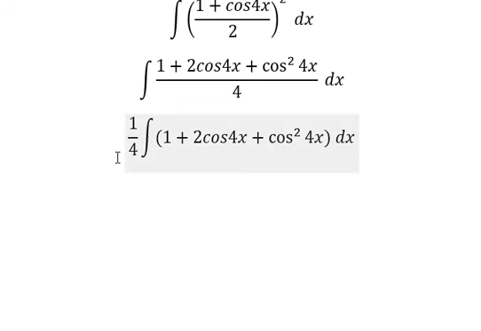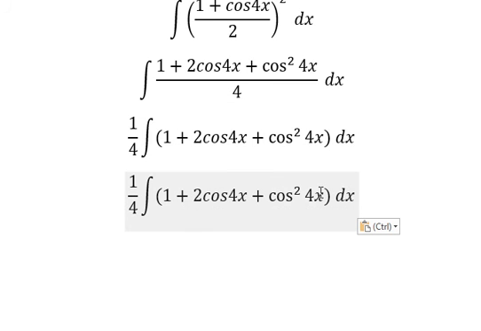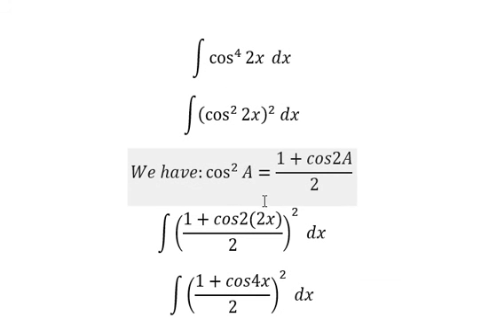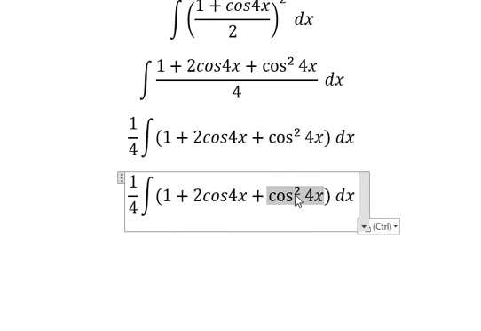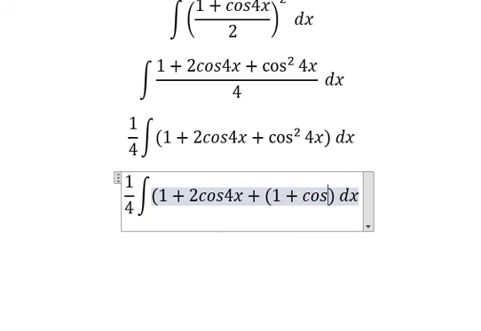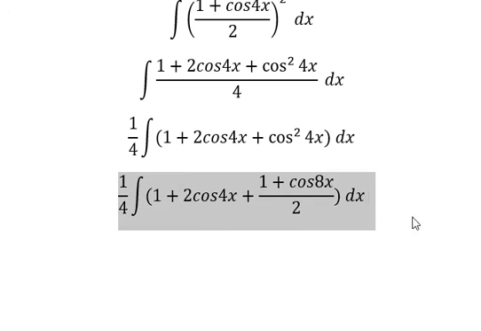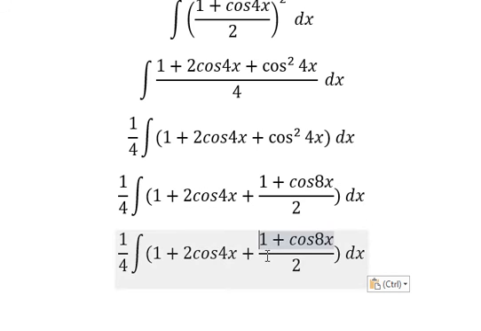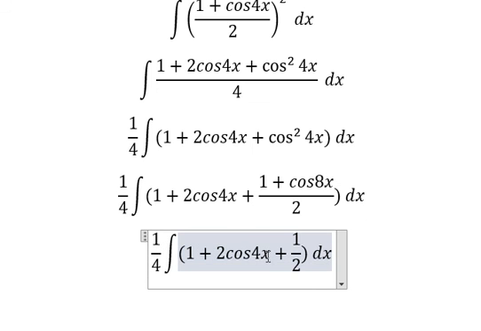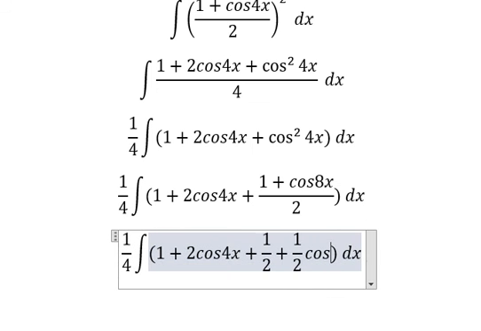Now we apply the formula of cosine 4x squared, similar to this one, and you will have 1 plus cosine 8x over 2. This one we have 1 over 2 plus 1 over 2 cosine 8x.